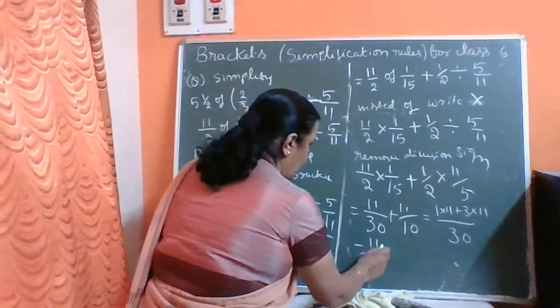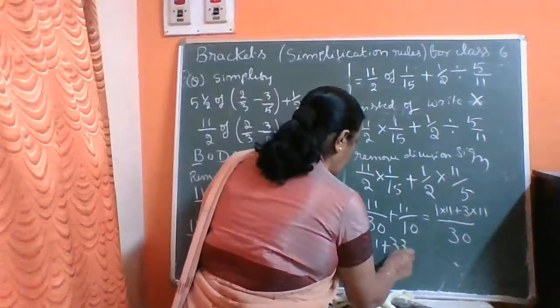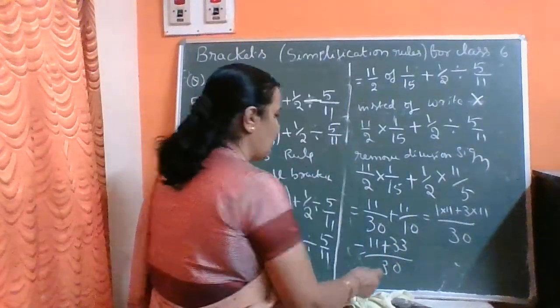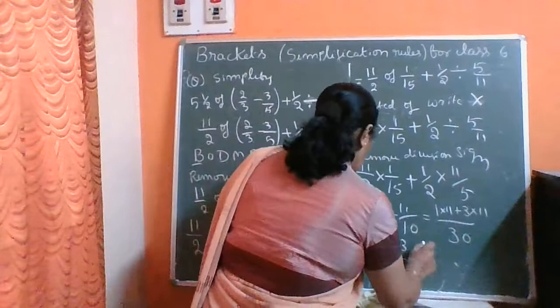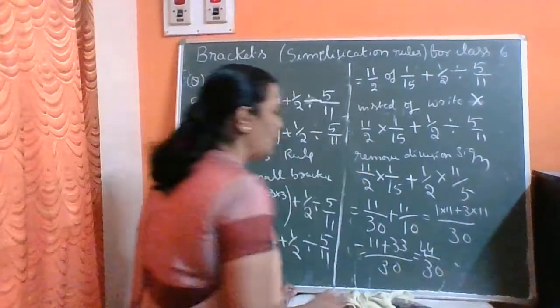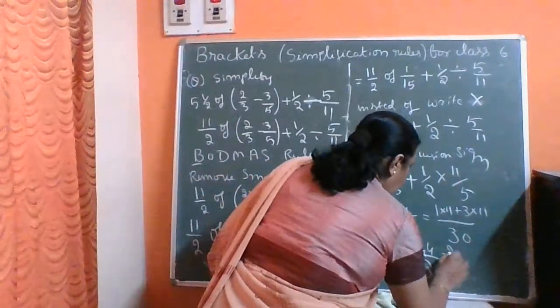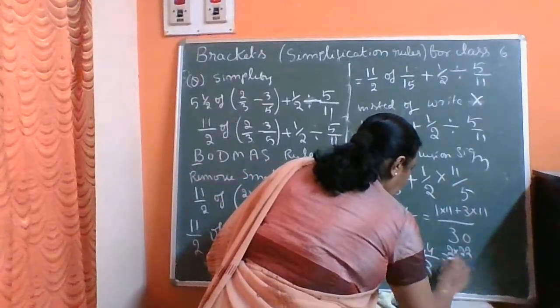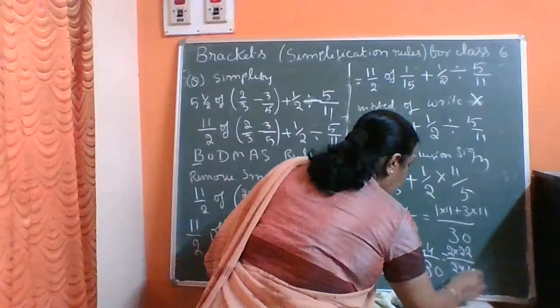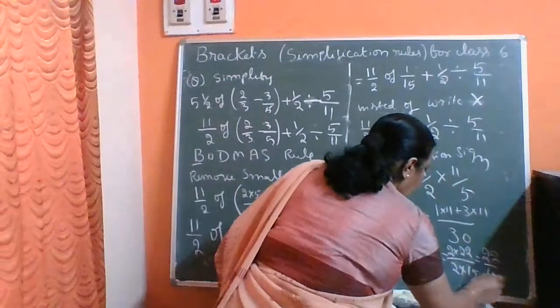You will get 11 plus 33 by 30, that is 44 by 30, and both are divisible by 2. Therefore, 2 into 22 and 2 into 15. You will get 22 by 15.